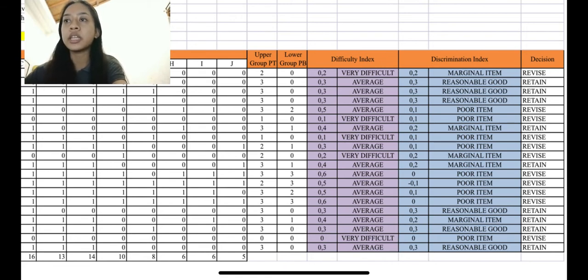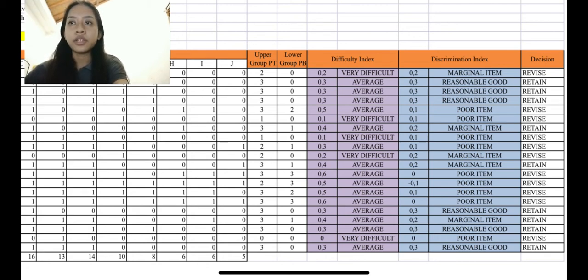And the discrimination index is 0.12, and it is included to be a poor item. It is a poor item because it is 0.19 or below. So the decision we should do is to revise it.